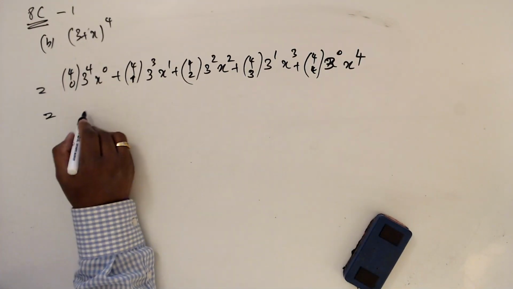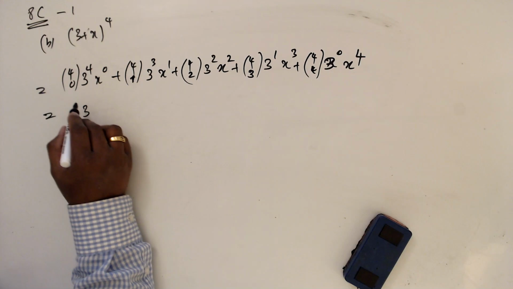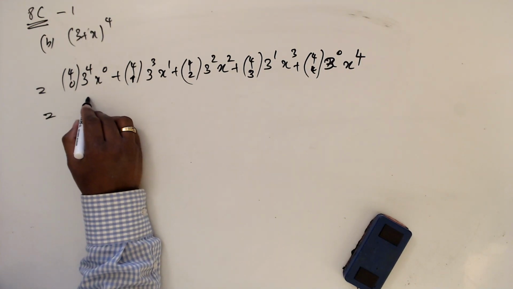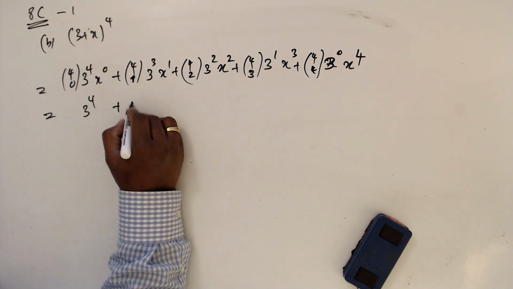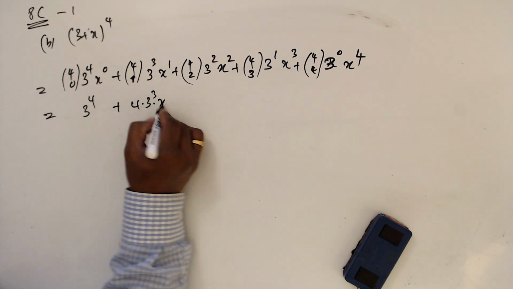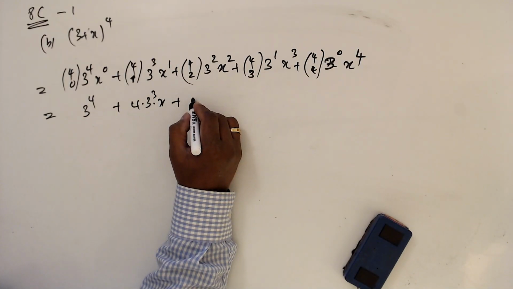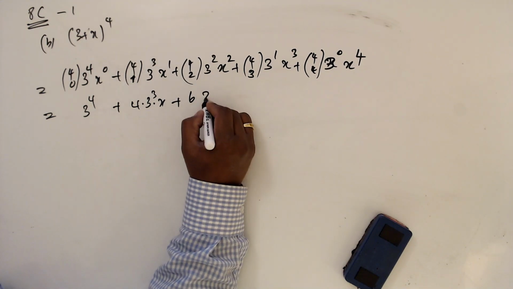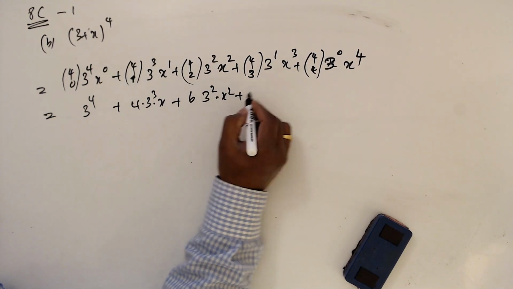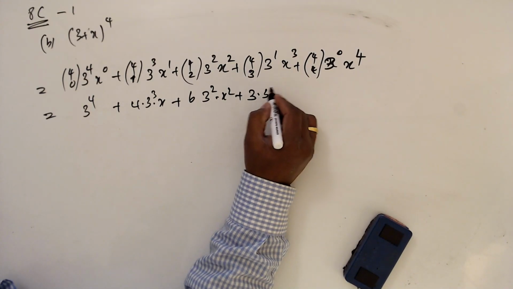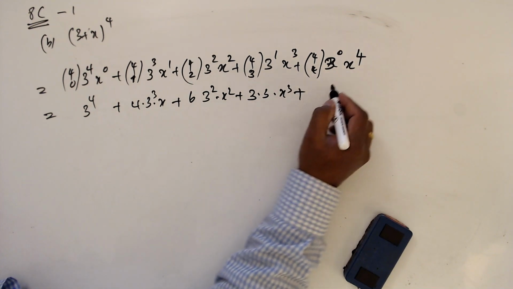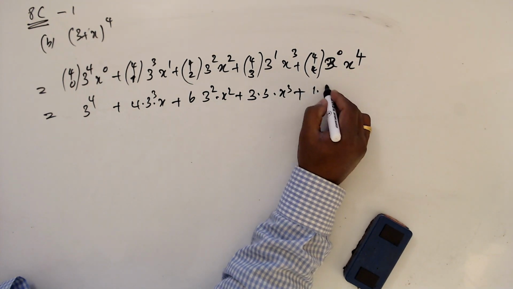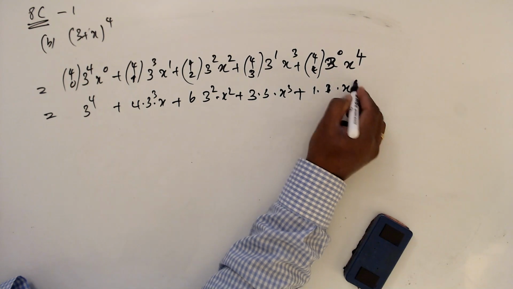So this is going to be 1, 3, 4, plus this is 4 times 3, 3 times x, plus this is 6. We work out earlier. 3 square x square. This is 3 again. 3 again x cube. And this is 1. 3, 0 is 1 and x4.